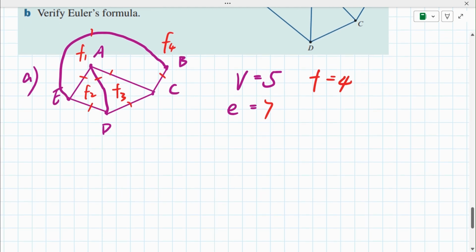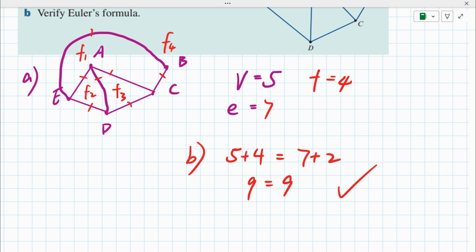Now we verify Euler's formula: 5 plus 4 equals 7 plus 2, which is 9 equals 9. Verified.